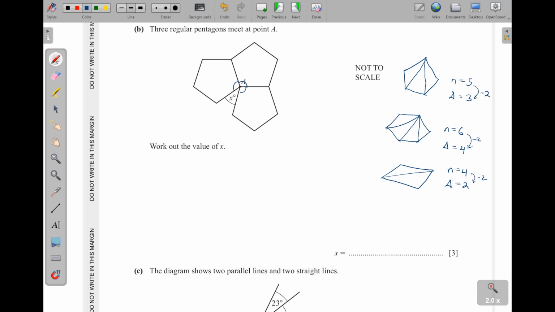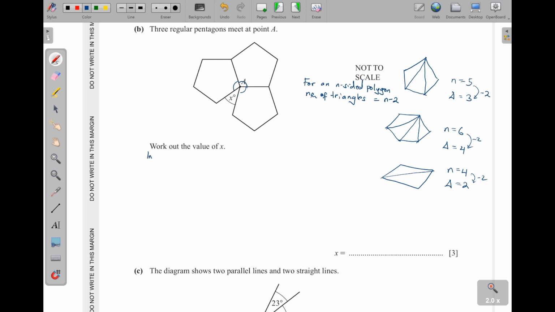So that means the number of triangles for an n-sided polygon is equal to n minus 2. And remember, each triangle sums up to 180 degrees.